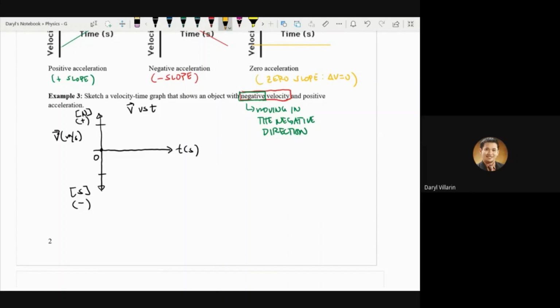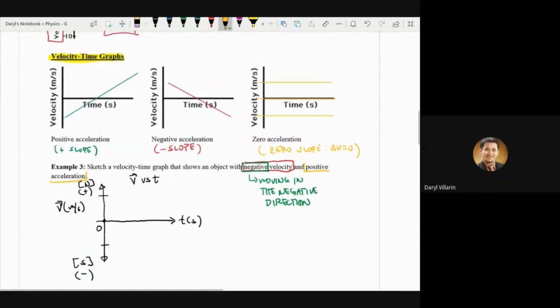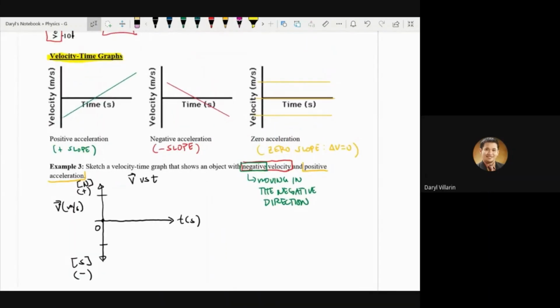However, the acceleration should be positive, okay? So based on the discussion that we have here, when we try to create different graphs, positive acceleration pertains to a positive slope.